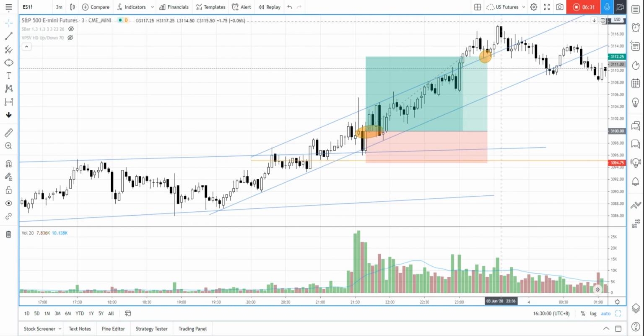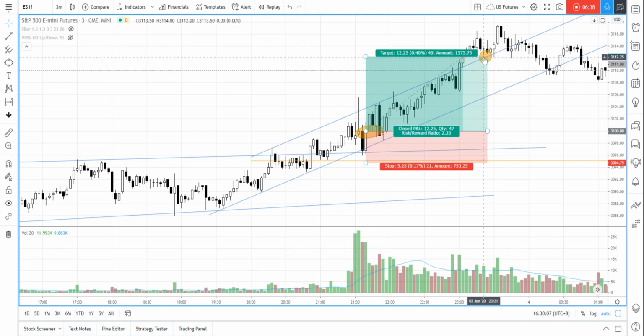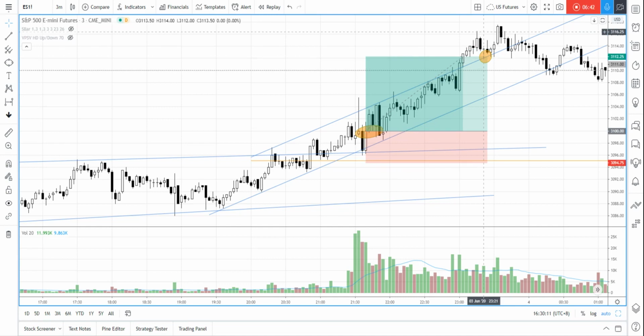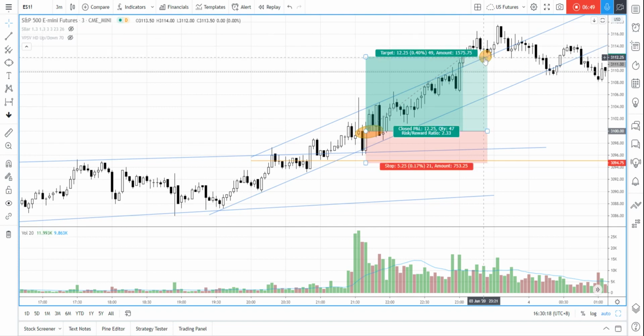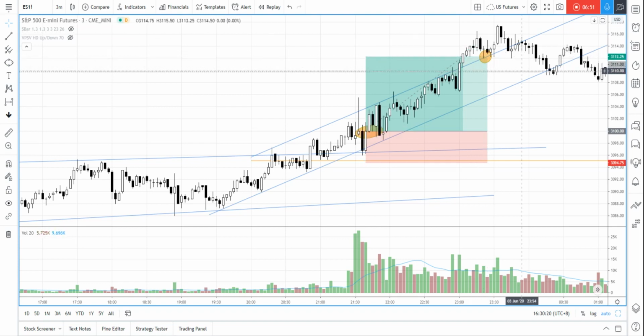But as I trailed the stop, I got stopped out at around 3120, and took my profits at 3121. So this is the exit for this trade.